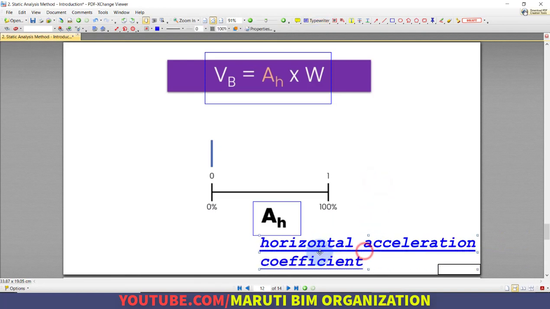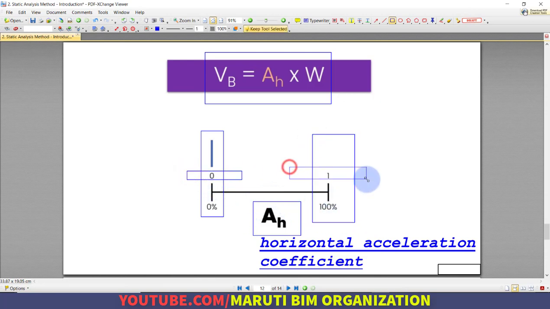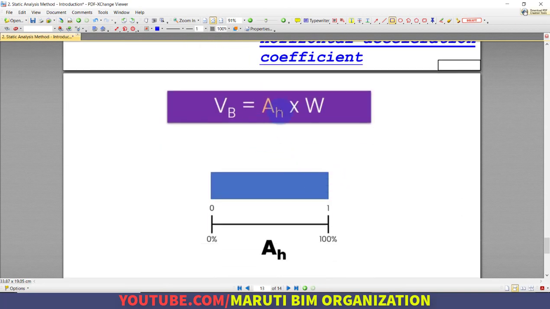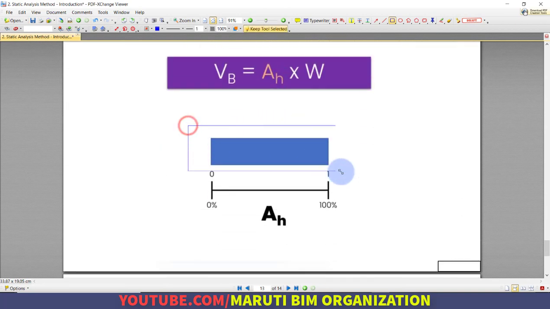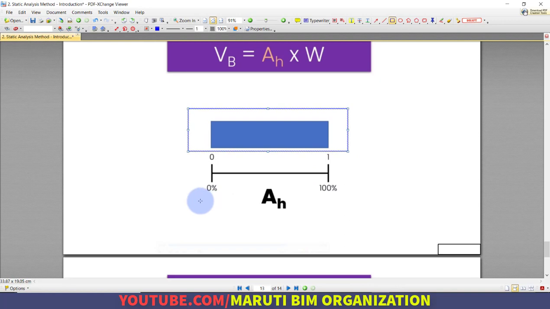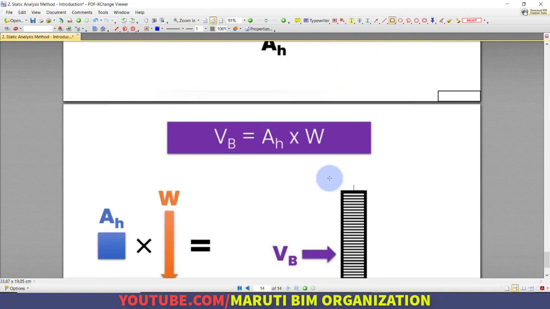So this one is the AH, horizontal acceleration coefficient, and the value of the AH ranges from 0 to 100%, or you can say 0 to 1. So AH value will vary between 0 to 1 or 0 to 100%.